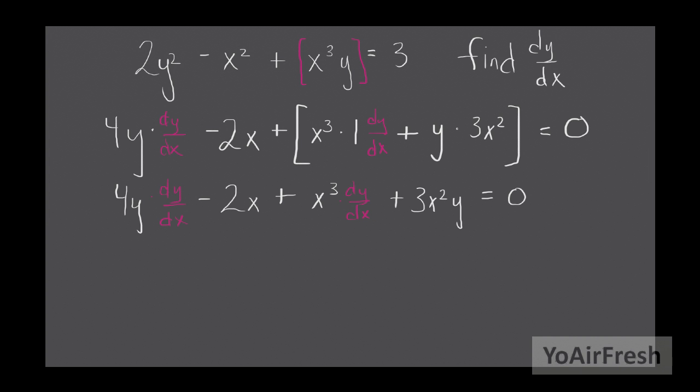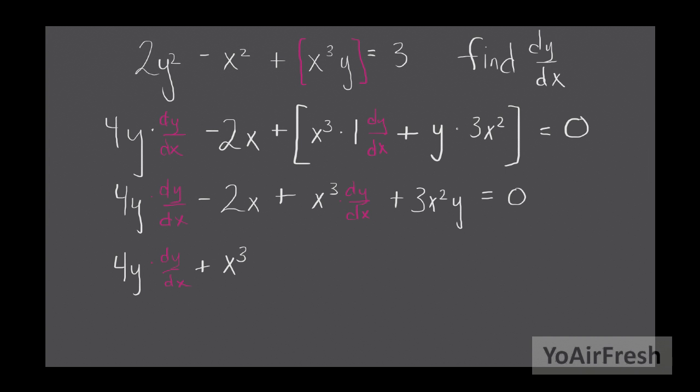Alright. So again, like I said, we still need to get these dy dx terms on one side of the equation and the other terms on the other side, and I'll show you why once we get there. So on this side we're going to keep the 4y dy dx plus x cubed dy dx.